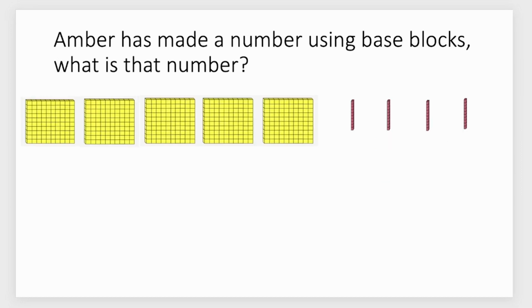Moving on to the next question, Amber has made a number using these base blocks. What number is that? So again, if we remember, each yellow block is worth 100, and we just write 100 here, 100 here, 100 here, 100 here, and 100 for the last one as well. And then these pink blocks, if you remember, have a value of 10. So we have 10, 10, 10, and 10.